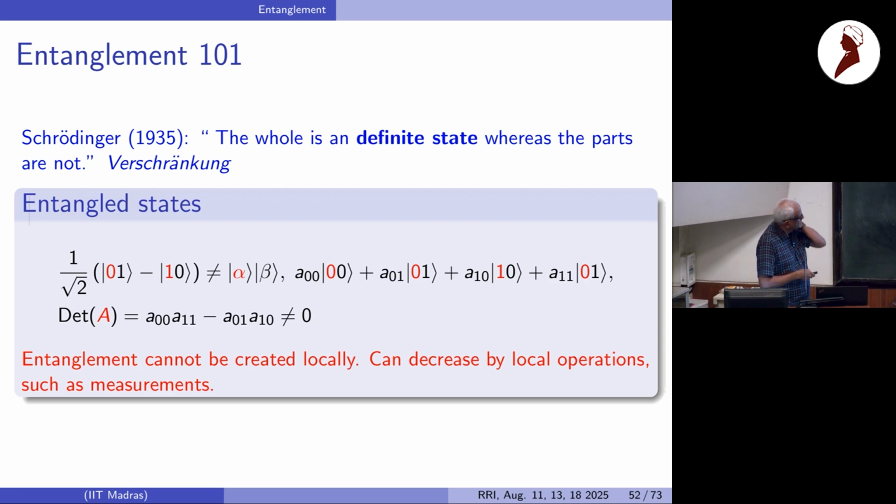Entanglement cannot be created locally. You can't apply unitary transformations locally on one qubit or the other qubit and create entanglement. It can decrease by some local operations like measurements. You can't increase it. Okay, so this was known to Schrödinger. The whole is in a definite state, whereas the parts are not.